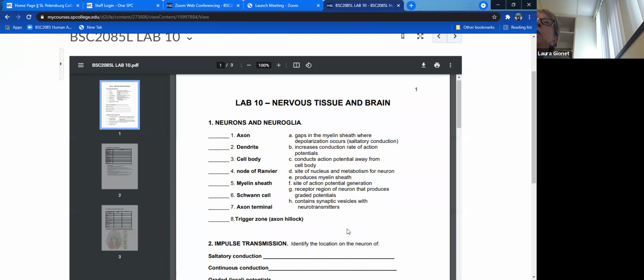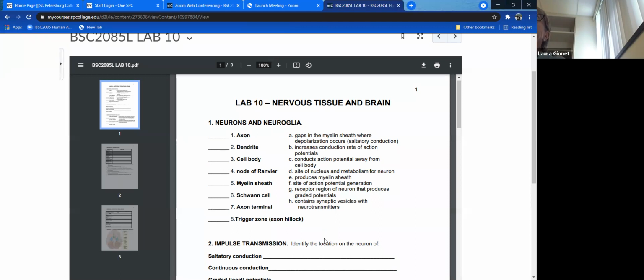F, site of action potential generation. That would be 8, our trigger zone or axon hillock. G, receptor region of neuron that produces graded potentials. That goes with 2, dendrite. And I will say technically the cell body on some of these neurons can do that as well, but we're kind of trying to guide you into the dendrite.